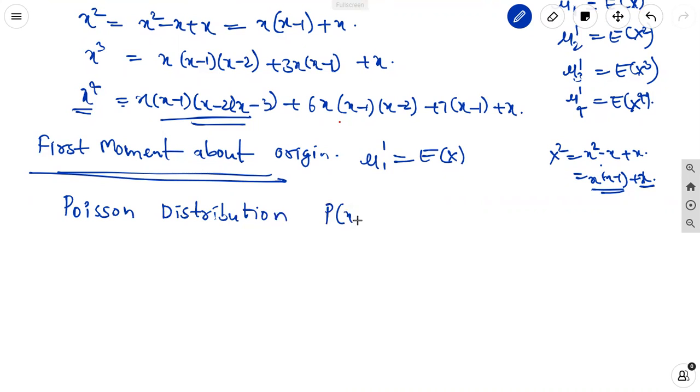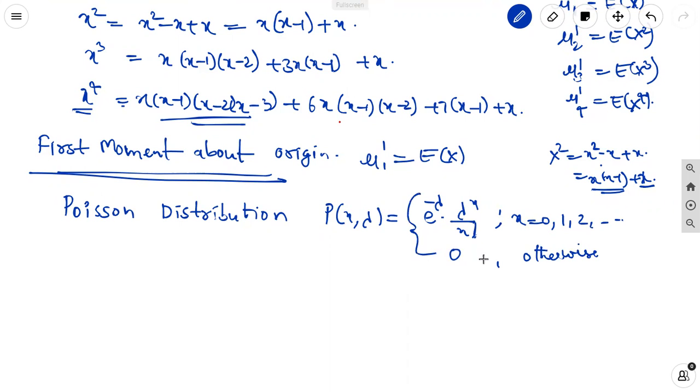We have P of x comma lambda is equal to e power minus lambda into lambda power x by x factorial for all x values 0, 1, 2, 3, and so on, and 0 otherwise. For positive values only, we take e power minus lambda into lambda power x by x factorial.